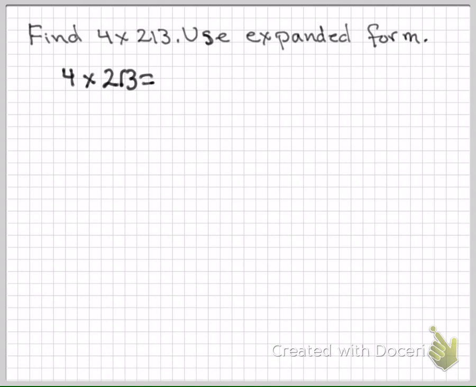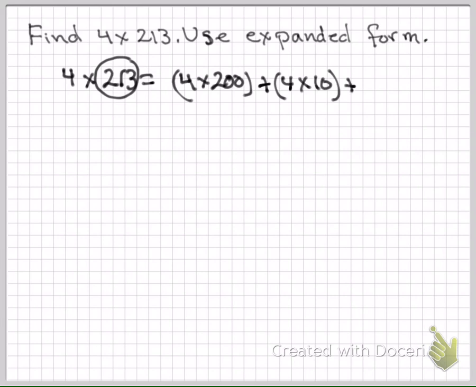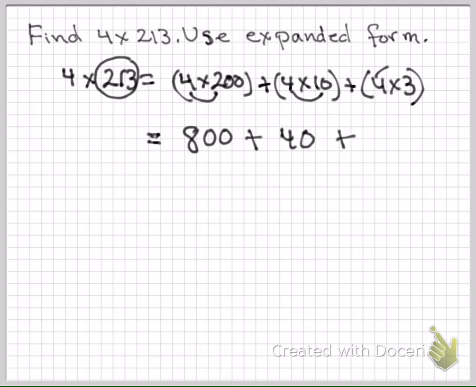We have to break this into expanded form. 4 times 200 plus 4 times 10 plus 4 times 3. All of that equals 4 times 200 is 800, plus 4 times 10, 40, plus 4 times 3, 12.